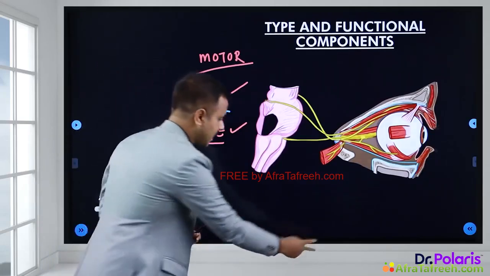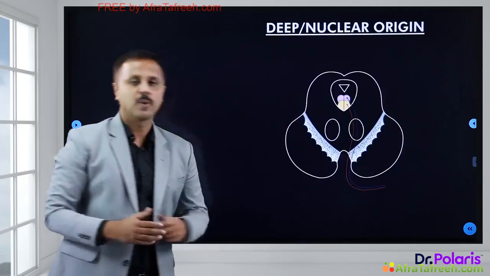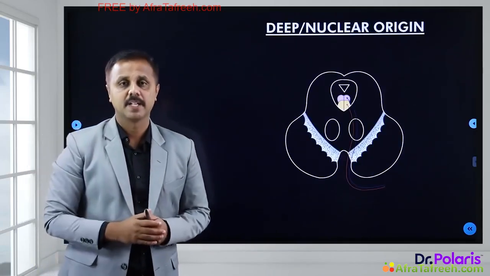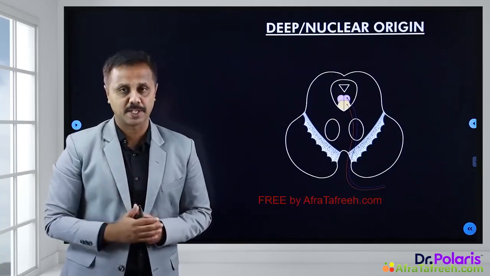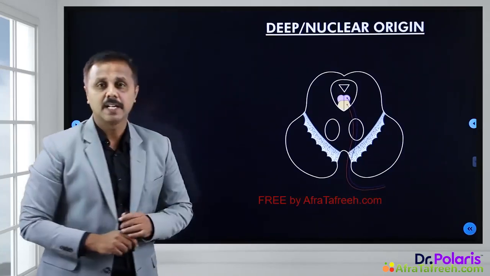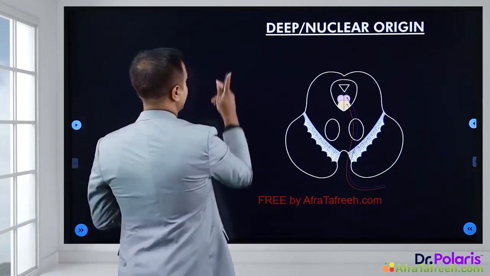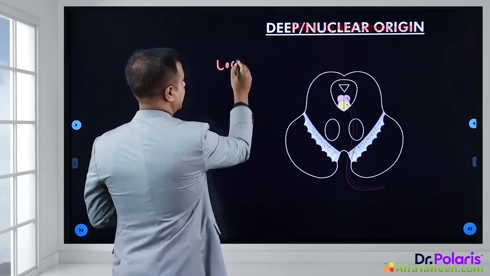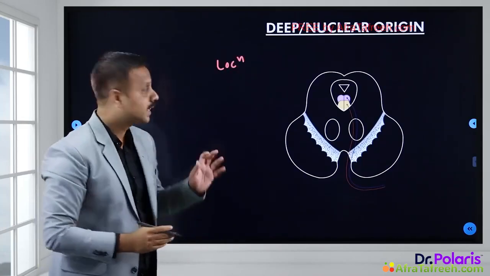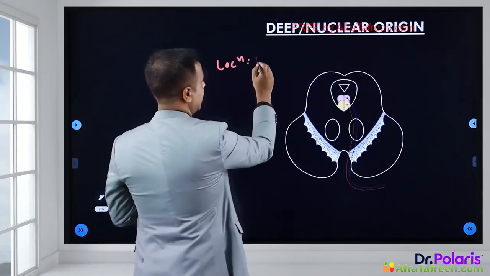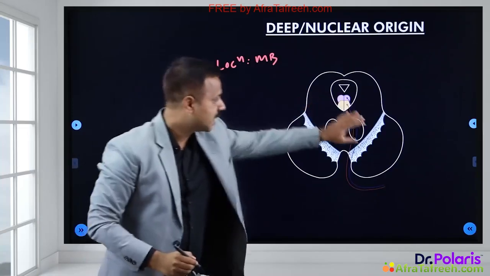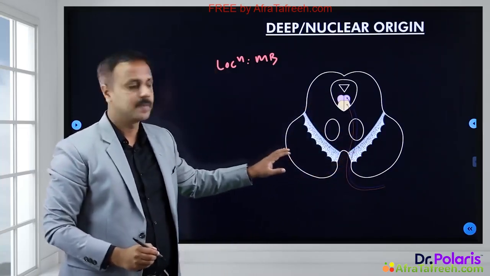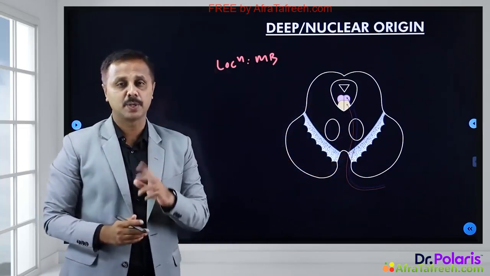Right? Once we have learnt about functional components, what about the nucleus? Since it has two functional columns, there must be two nuclei associated with it. First, let's try to learn where exactly is the location of these nuclei. These nuclei are present in the midbrain. What you see in the image is a section of the midbrain. Within the midbrain, there are two important nuclei.